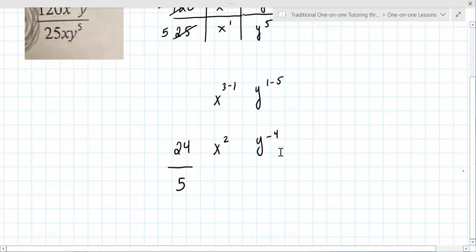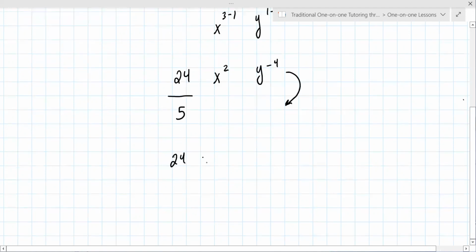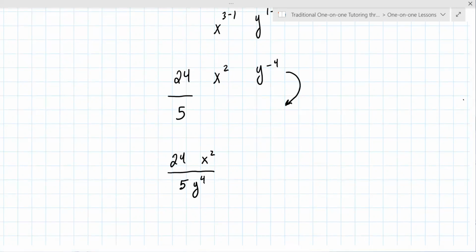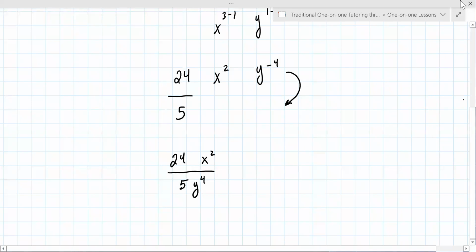Whenever you have a negative exponent like this, it goes down to the bottom. So it's going to end up looking like this: 24 x squared over 5y to the power of 4. Is that okay? Yeah. Great.